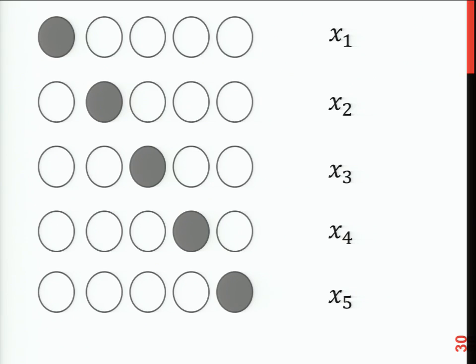Now we take x2 to be 0 on everything except the second component, where it is uniform. Notice that x1 and x2 are orthogonal, for the reason we said: if you take the inner product, it's always going to be 0, and so on.